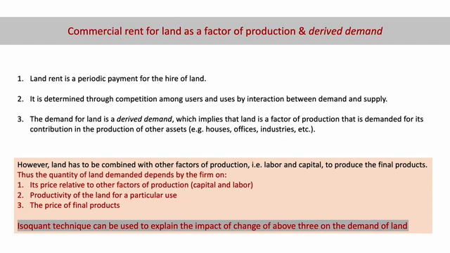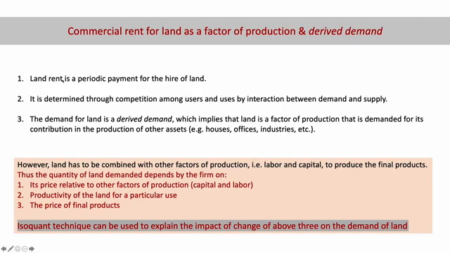When land is a factor of production, it is demanded for its contribution in the production of other assets like houses, offices, industries. Therefore, the demand for these other assets indirectly creates demand for land, and so it is called derived demand, which is derived from the demand for the products produced using land.